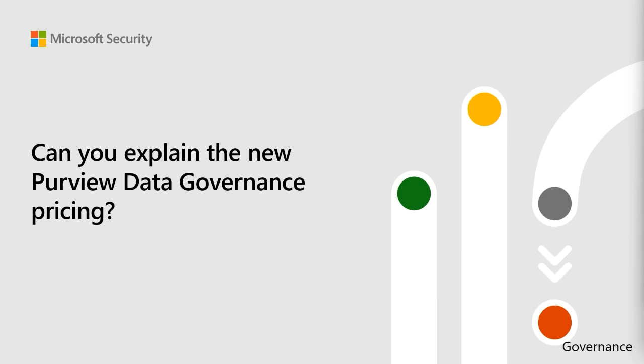But in general, it goes back to that same value-based approach. If you're not getting value out of a data quality rule, turn it off. And you can turn it off without deleting it. So 100% everything that you pay for in the new Purview data governance is based around business value and transparency. So you always have control of every dime you spend. And if you're not getting business value out of something that you're spending money on, stop spending money on it. Turn it off. And I think that pretty much answers this question.